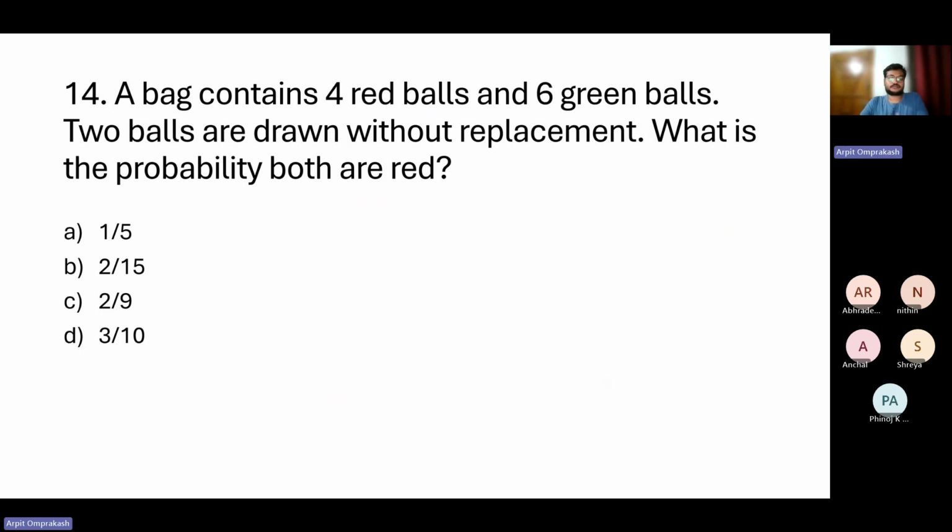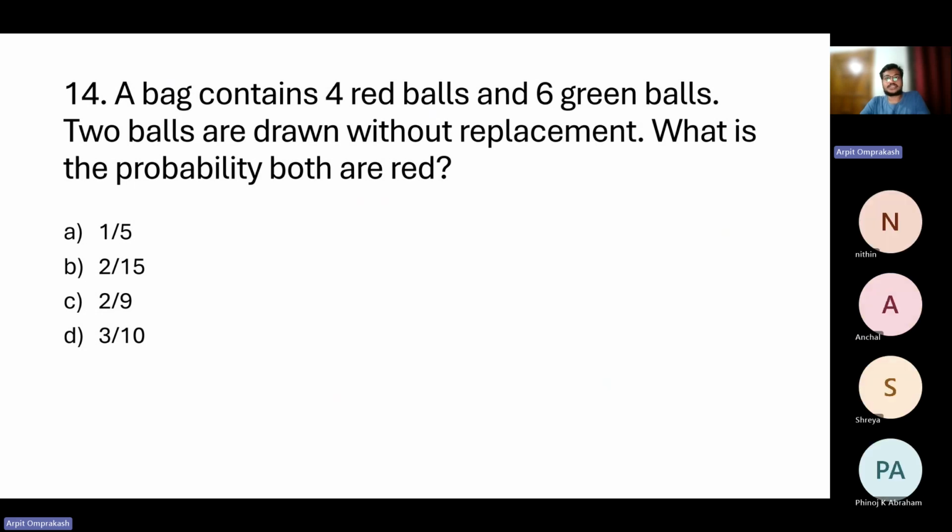Question 14. A bag contains 4 red balls and 6 green balls. 2 balls are drawn at random without replacement. What is the probability that both the balls are red? So the total number of balls is equal to 6 plus 4, which is 10.